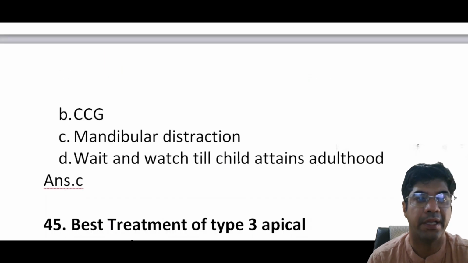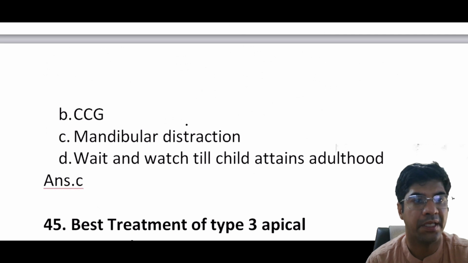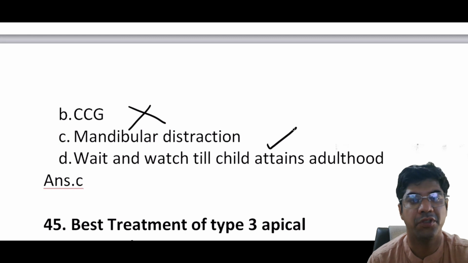Costochondral grafting involves a rib graft to reconstruct the TMJ. It is important for TMJ reconstruction, but it may not be the best solution for improving airway function in the context of severe obstructive sleep apnea. The answer is C, mandibular distraction osteogenesis.